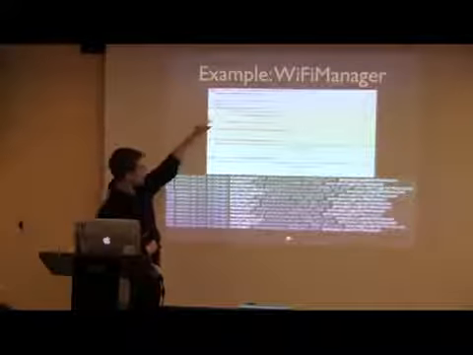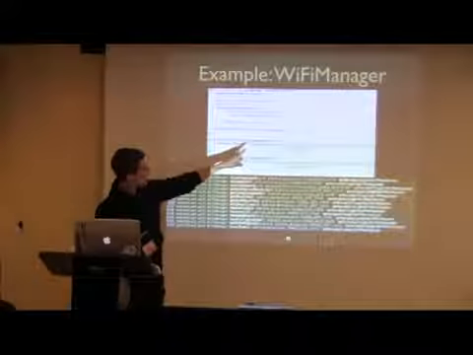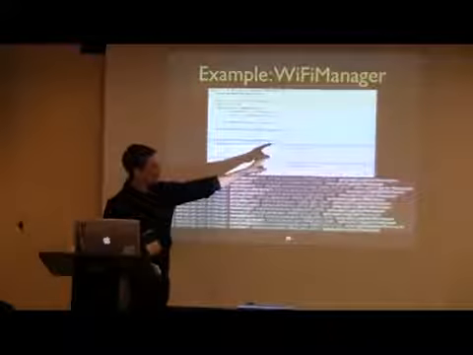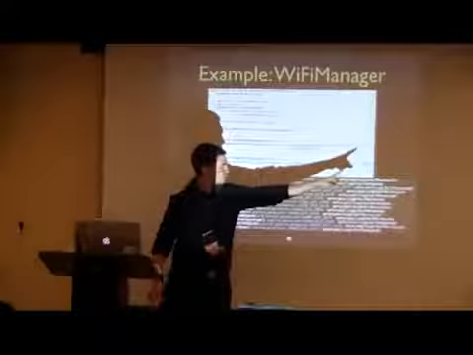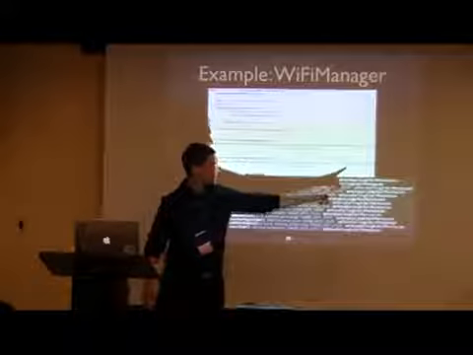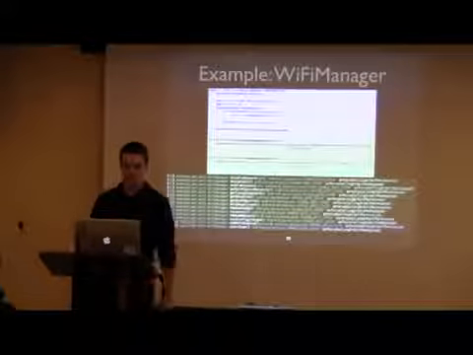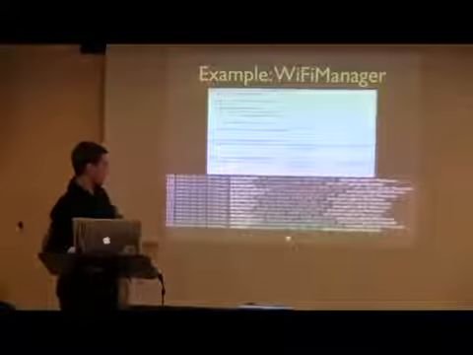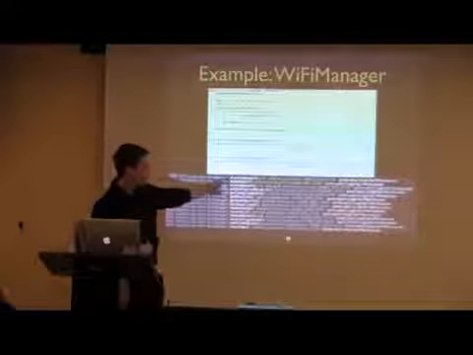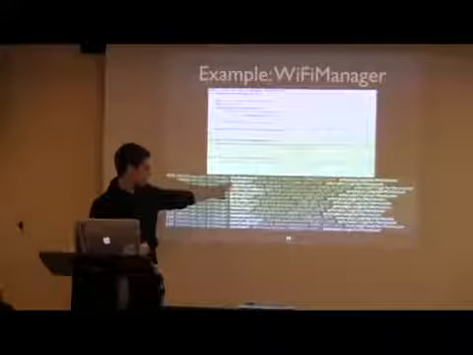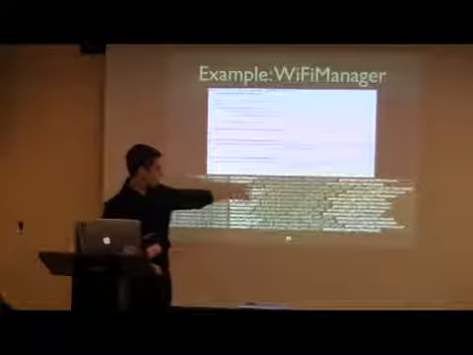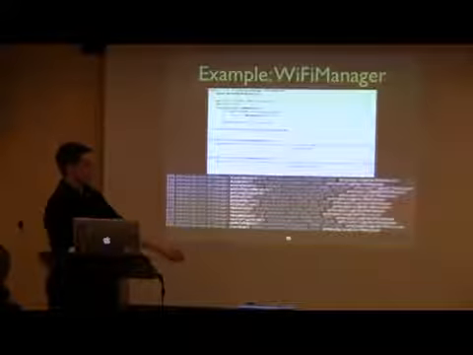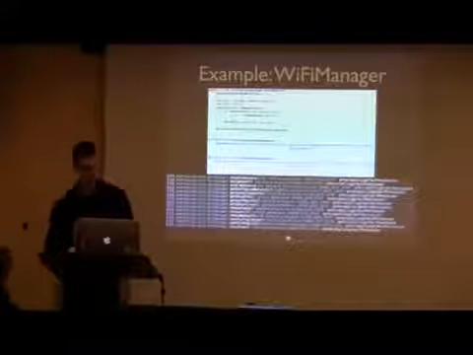The startScan method calls the enforce access permission method, which calls enforce calling or self permission. It checks to see if the ACCESS_WIFI_STATE or CHANGE_WIFI_STATE permissions have been granted to the caller. Contrast that to the documentation, and then finally the output from our tool, which, by the way, shows that for pretty much everything in the WifiManager class, you need ACCESS_WIFI_STATE or CHANGE_WIFI_STATE, and luckily they're all checked consistently.